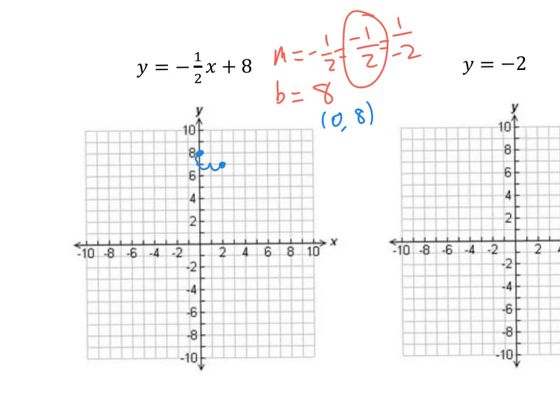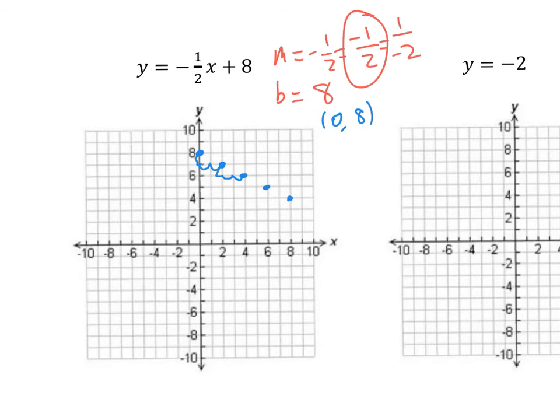Okay, so you always have to make sure that if your number is negative, either your x or your y is decreasing, or going down, or to the left, and then the other one is doing the opposite. Okay, so here we go, down 1, over 2. Okay, down 1 over 2.